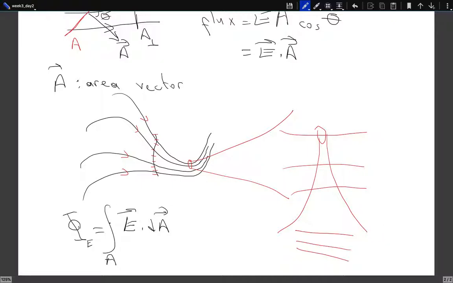The electric field within this very small area is constant, but might be different from the previous area. So depending on which very small area I'm calculating the flux through, I have to put here the electric field passing through that area. If you like, we can put it explicitly over here. This is the electric field at the point r_A.